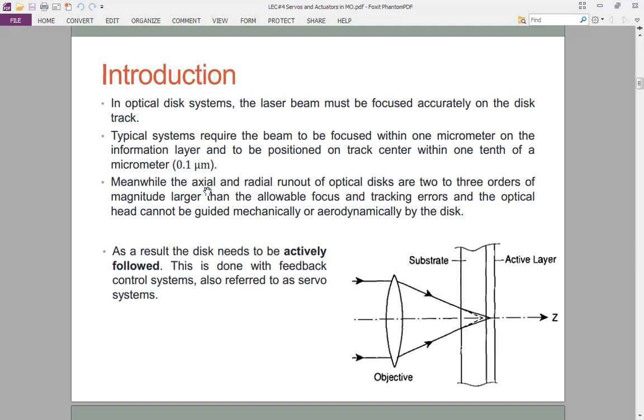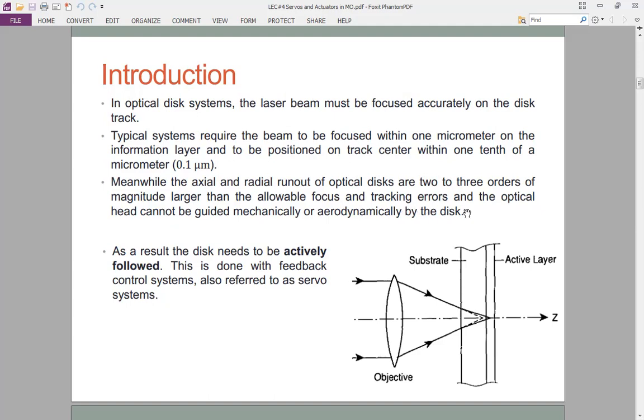Meanwhile, the axial and radial runout of optical discs are 2 to 3 orders of magnitude larger than allowable focus and tracking errors, so an optical head cannot be guided mechanically or aerodynamically by the disc.